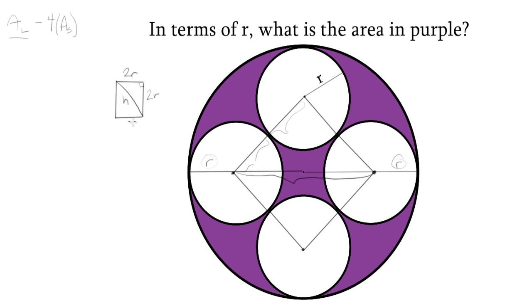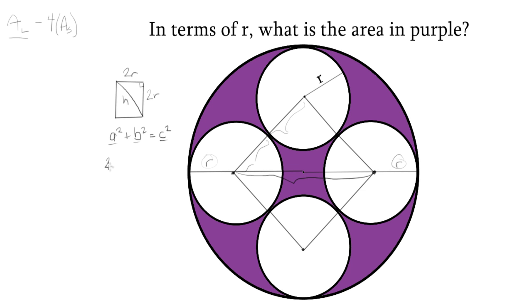So, how do we find this hypotenuse? We have to remember the Pythagorean theorem, which states that a squared plus b squared equals c squared when we're dealing with right triangles.